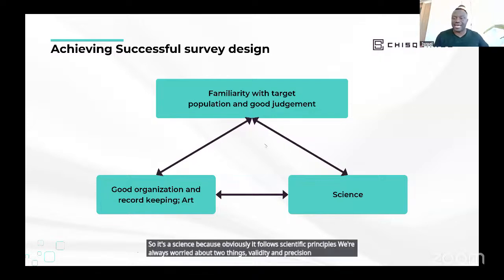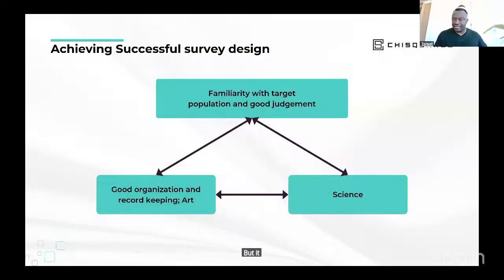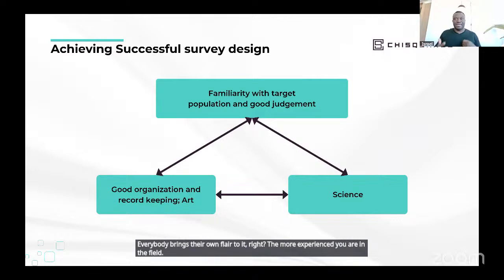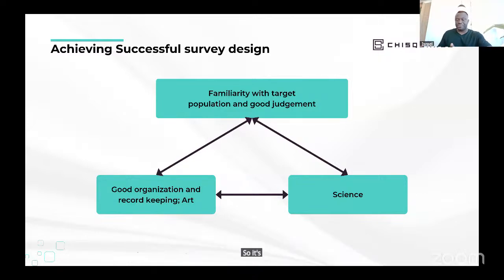So that's the scientific part. But it's also an art. It's no different from any other art form like singing or dancing. Everybody brings their own flair to it, right? And the more experienced you are in the field, the more you become very good at breaking rules. You can decide that, oh, okay, this is how I want to do things. That's how I want to do things. So it's both a science and an art form. So that's something we need to really cement on.